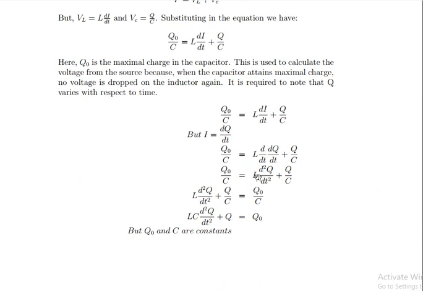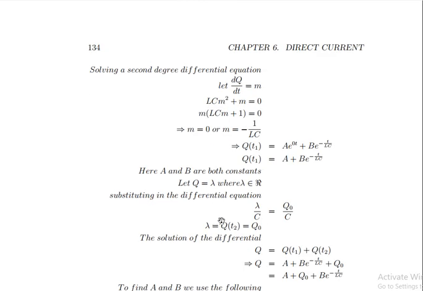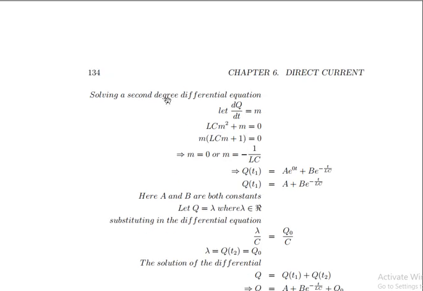Since you have a second-order differential equation, you're going to have L d squared q all over dt squared plus q all over C equals Q0 all over C. So this is the final formula you're going to have, and we are going to solve now a second degree differential equation.